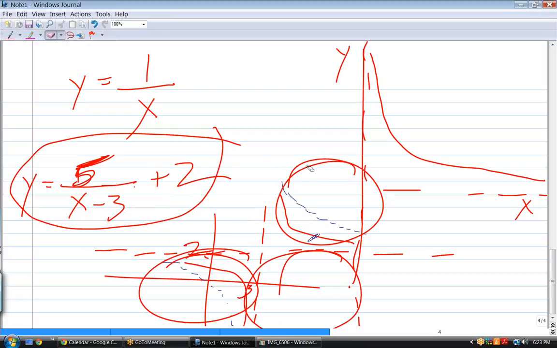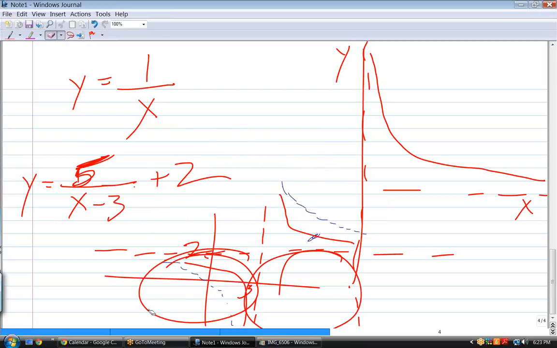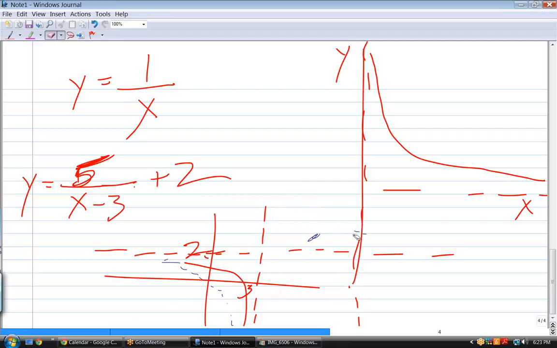Right, you're absolutely right. What matters is if you have a negative sign. It's hard to tell which quadrants they're in until you test it. As long as everything's positive, then you know it's going to be in quadrants 1 and 3. Sometimes you don't know.